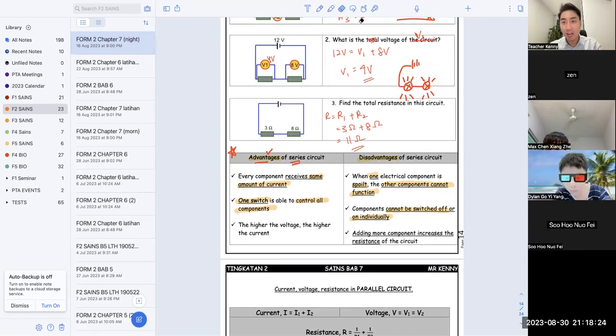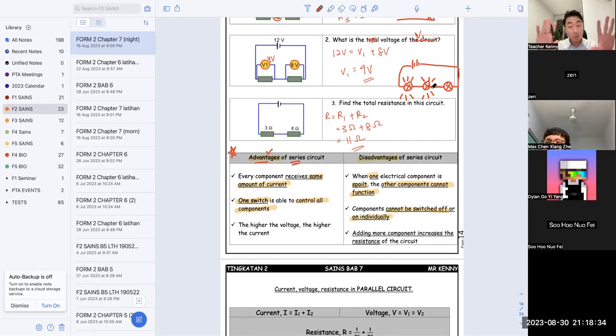But if I pull in another light bulb into this picture, these two supposed to be 6 supposed to be equal, but now I introduce a new light bulb, they cannot shine for 6 already. They increase the resistance already, so what will happen? Maybe this one shine for 4.